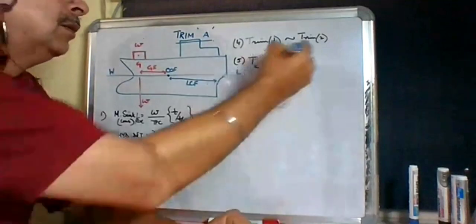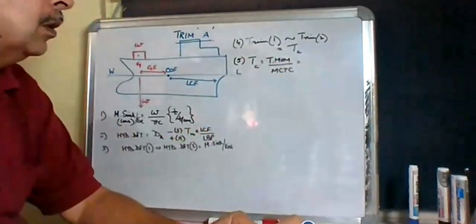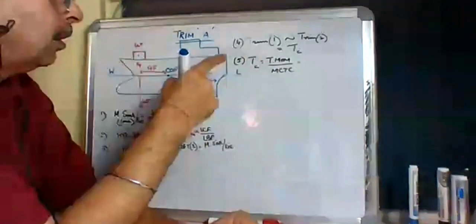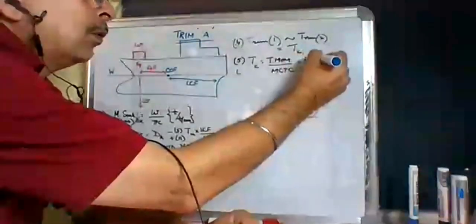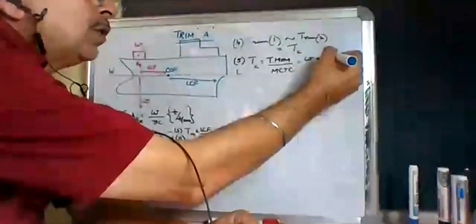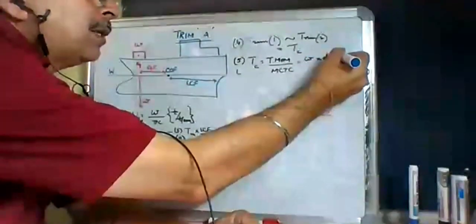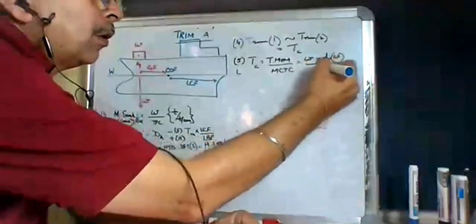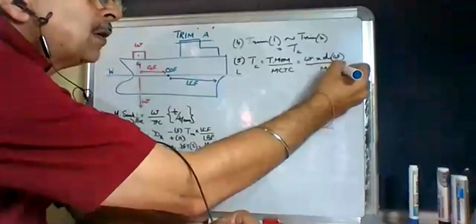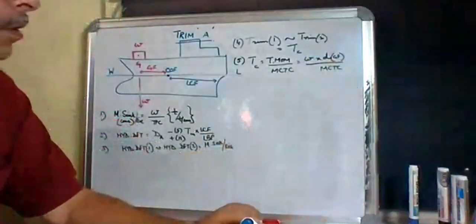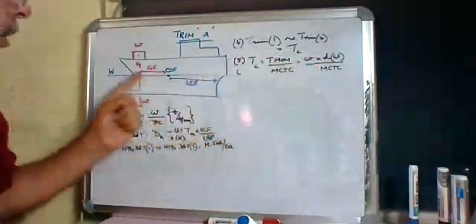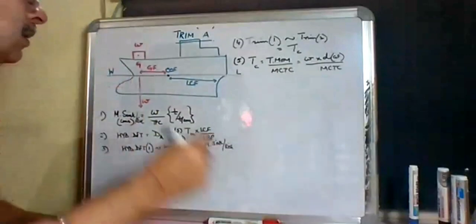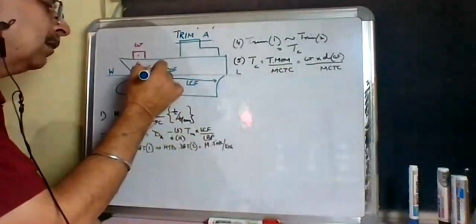And trimming moment is a product of the force, that is W, into the lever through which it is used, D. D is nothing but GF. So trimming moment is small w into D, and D is nothing but the GF, the lever.